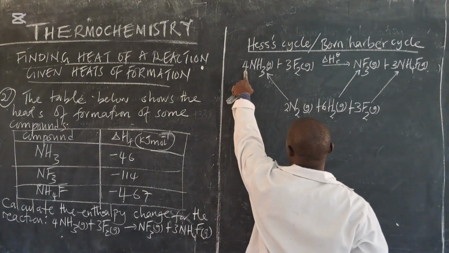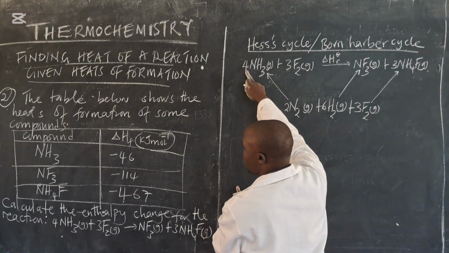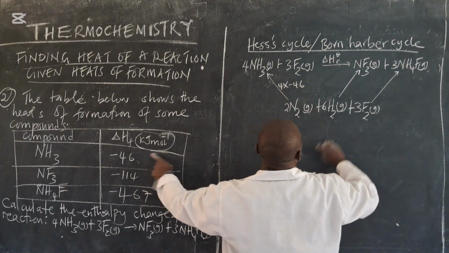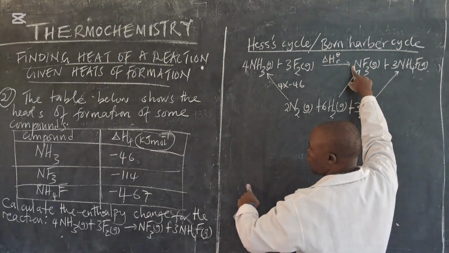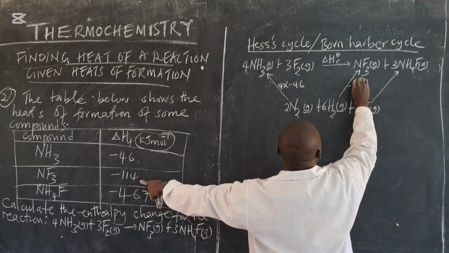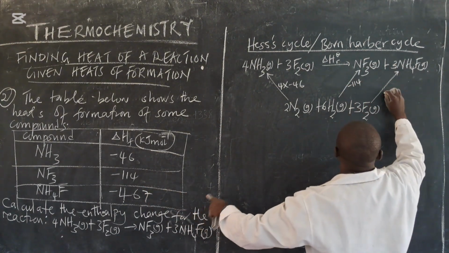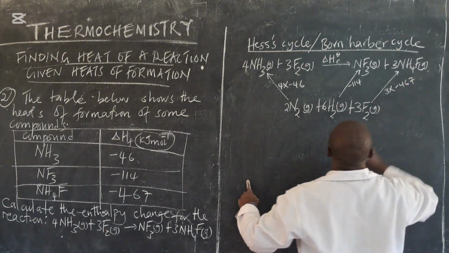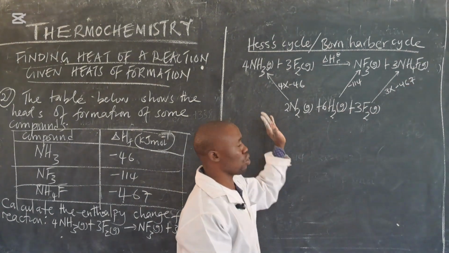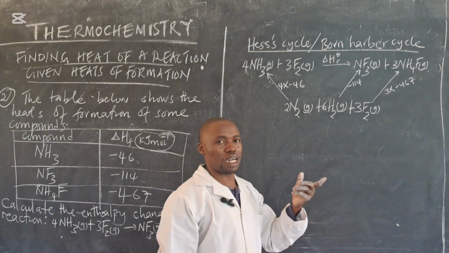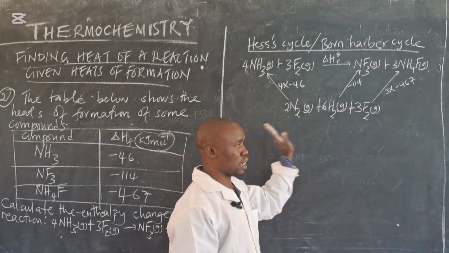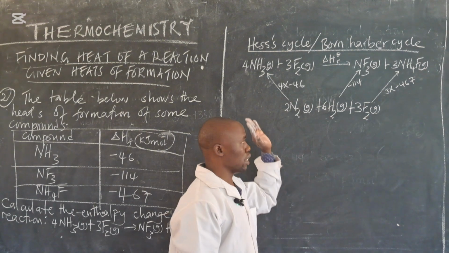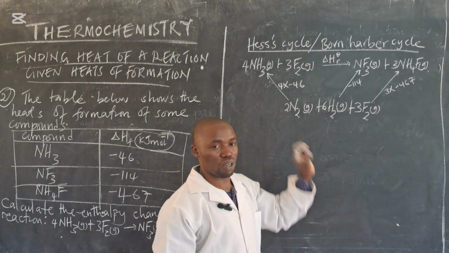Now we look at these values here. I formed 4 of ammonia, that is 4 times negative 46. Then I formed one of this, so I just write that. I formed 3 of this, so this is 3 times negative 46 here. Now we said that you can look at all arrows going anti-clockwise and add them together, then those going clockwise added together. Then anti-clockwise energies are equal to clockwise energies.